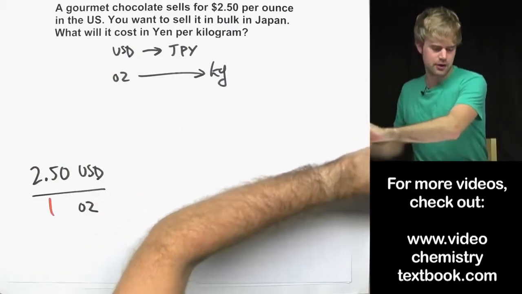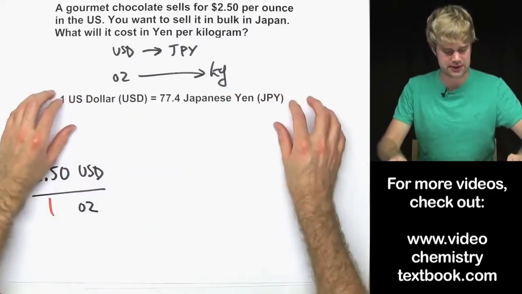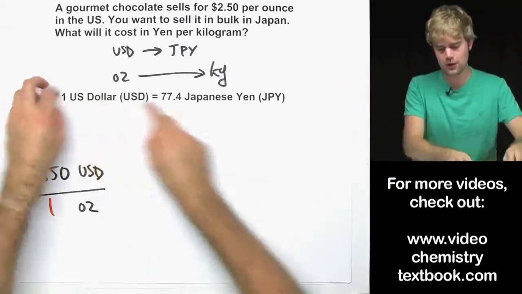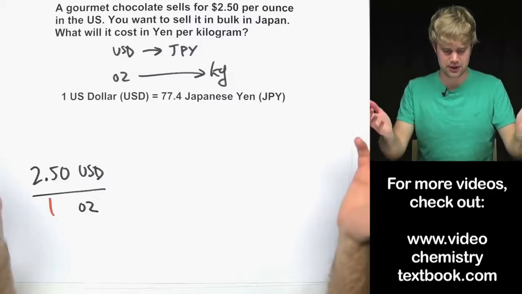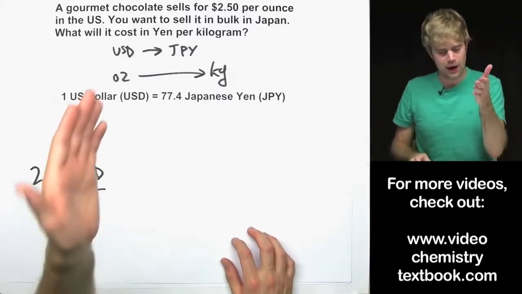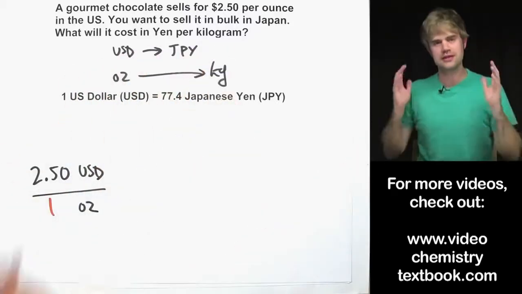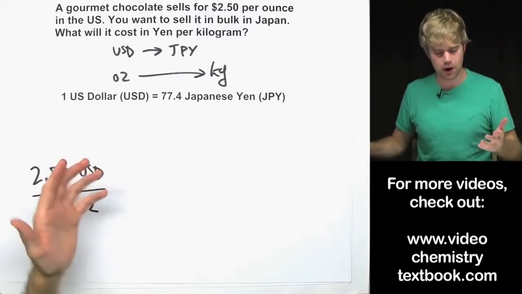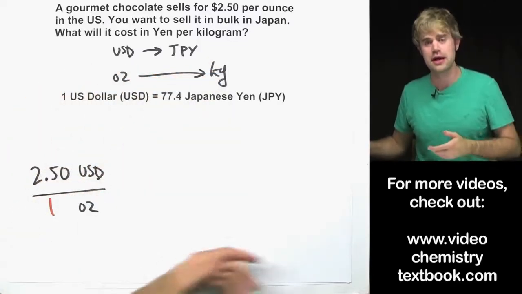So, as you probably know, the exchange rate changes daily, but on the day that I'm doing this video here, 1 US dollar equals this many Japanese yen, so we'll just use it. Now, for ounces to kilograms, let's say that you look at a chart of conversion factors and you can't find one that goes from ounces to kilograms.